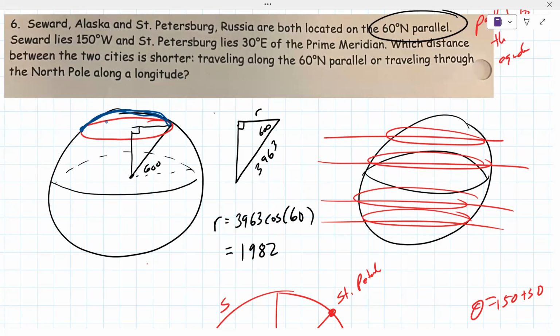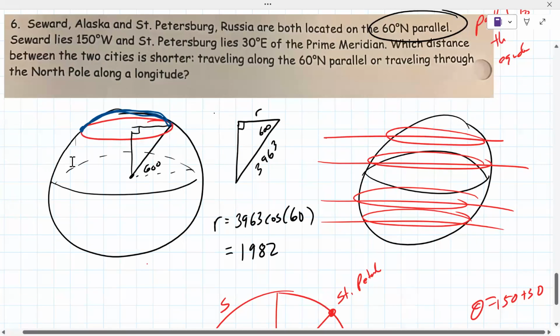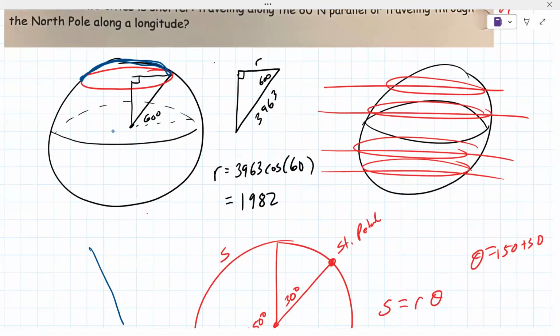To do that, it's actually like going back to more of the original picture. It's a vertical sector like that, where if we were to add in another angular 60 degrees, this would be 120 degrees between them, and the radius is 3963.